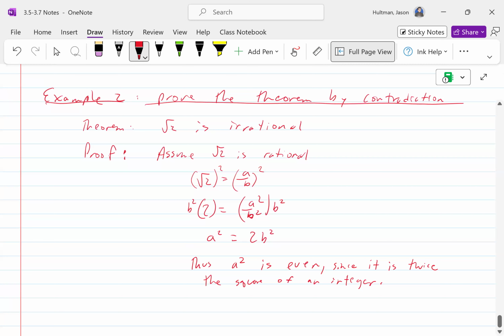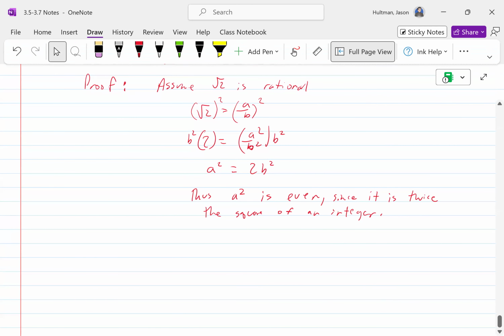So it's divisible by 2. If a squared is even, then a must be even as well.